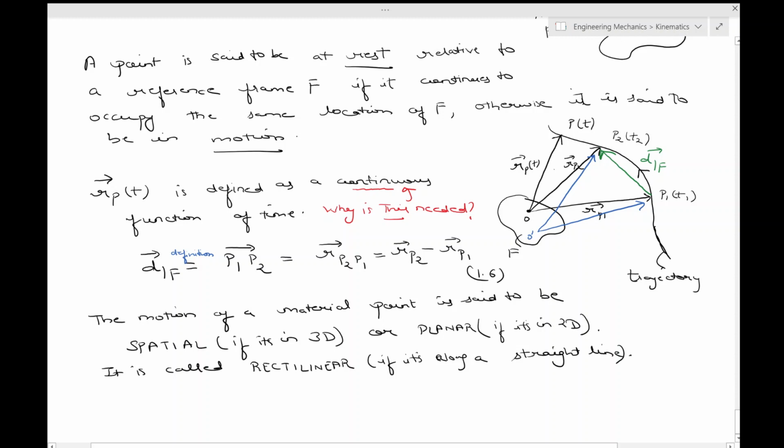So if it is planar, it can also be called curvilinear, basically when it's not along a straight line. So it can either be spatial or it can be planar, but not along a straight line.